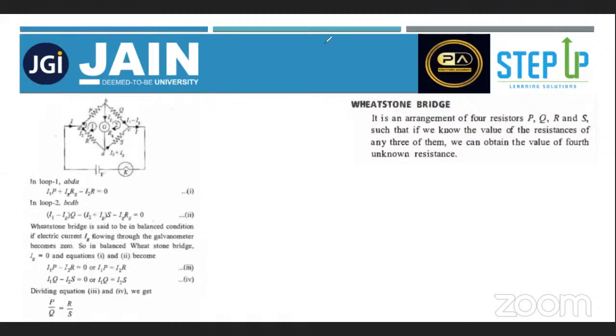So if there is no current flowing through G, we can write that the ratio of P by Q will be equal to the ratio of R by S. And the other way around, if P by Q is equal to R by S, then there will be no current flowing through BD. Either case, it is the same thing.